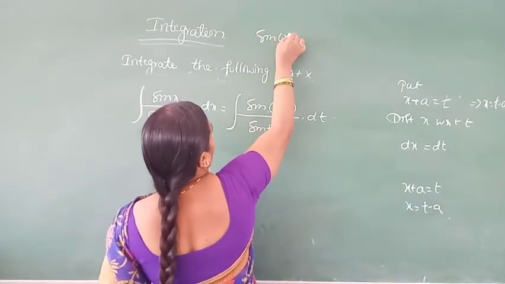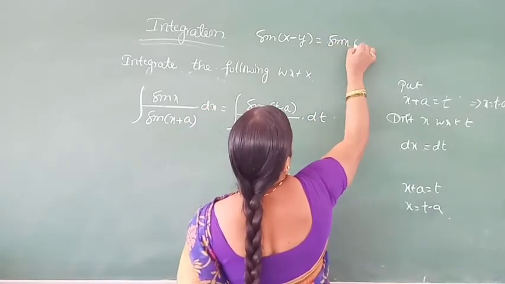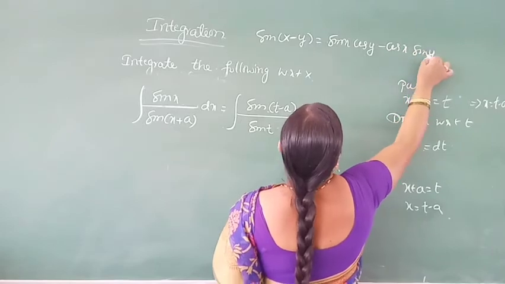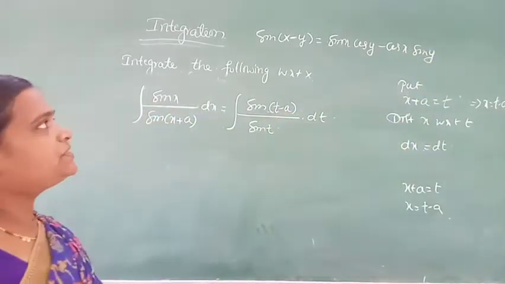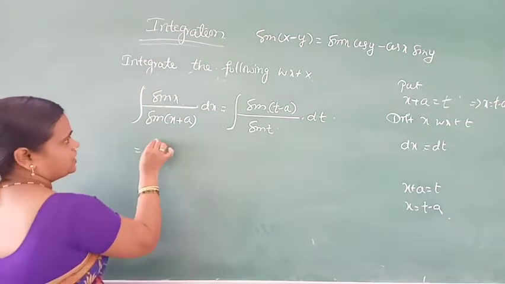And we know the formula: sin of x minus y is sin x cos y minus cos x sin y. That formula we are applying. t represents x, a represents y. Sin of t minus a. Alright?